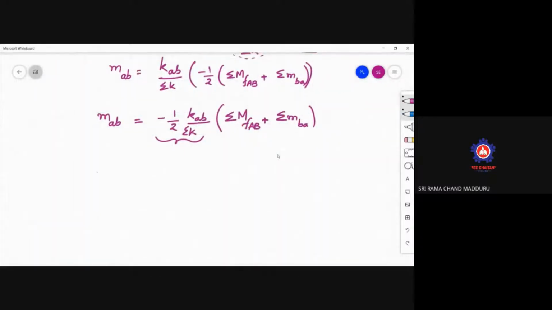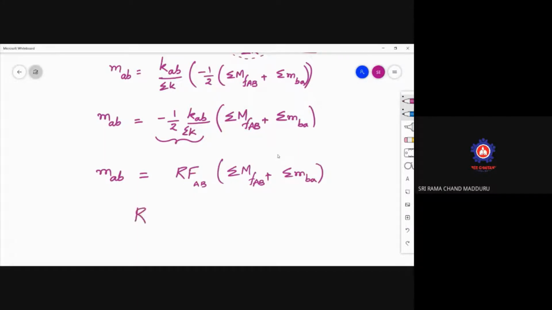So you can replace the rotation with the rotation factor. MAB is equal to the rotation factor of AB multiplied with sigma MFAB plus sigma MBA.